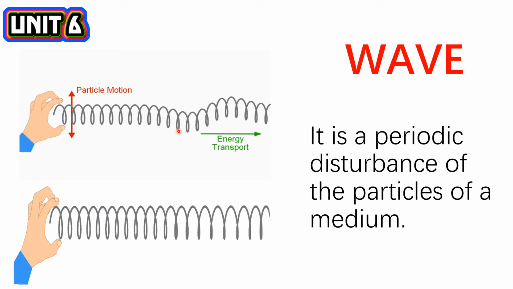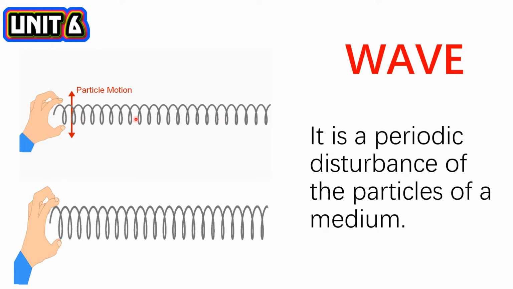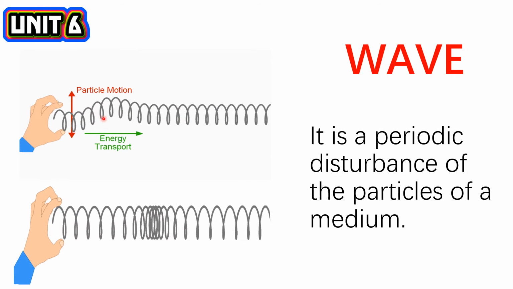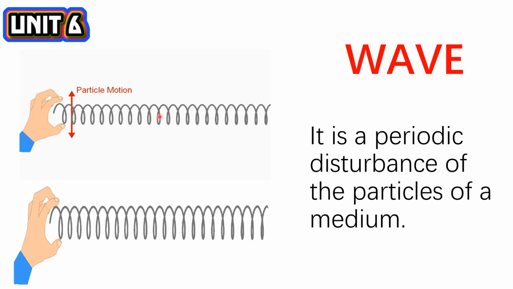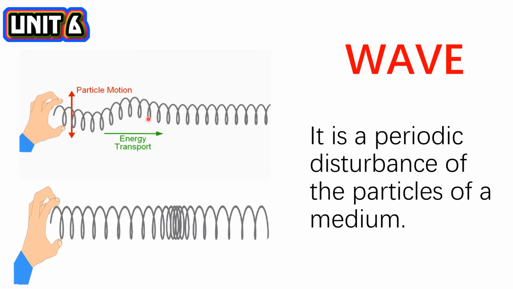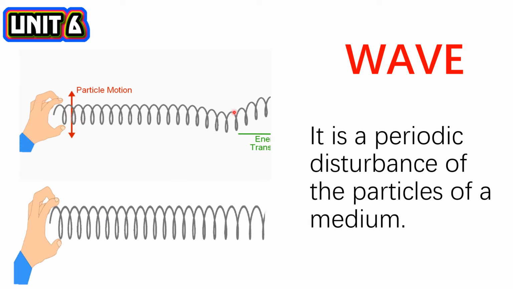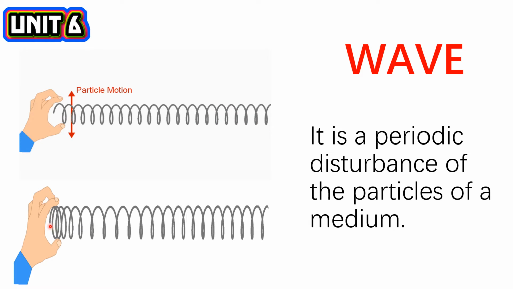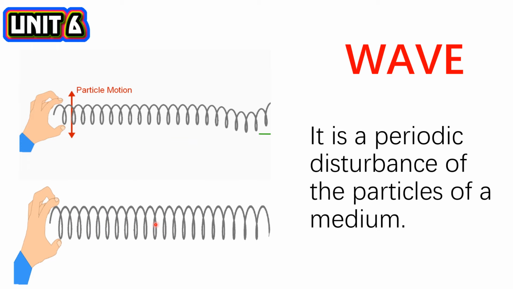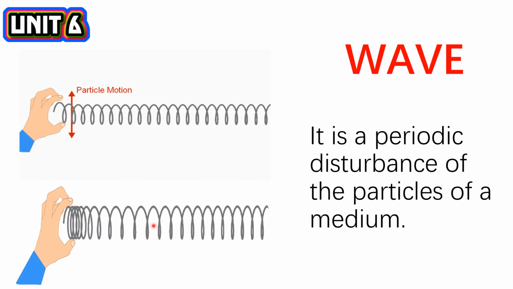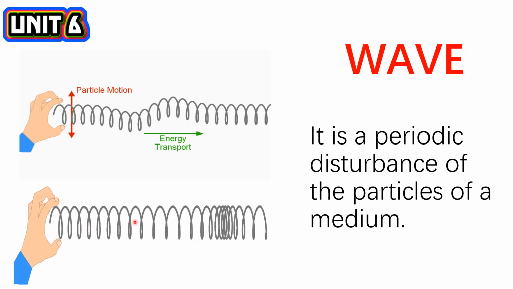Therefore, a wave is a combination of this up and down as the energy is moving in a direction. In this picture, it moves to the right. In this picture as well, down below, the energy is also moving to the right. So a wave is the movement of your energy from the source to the end.